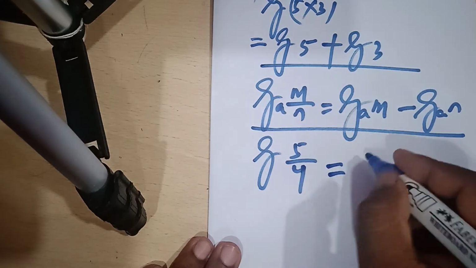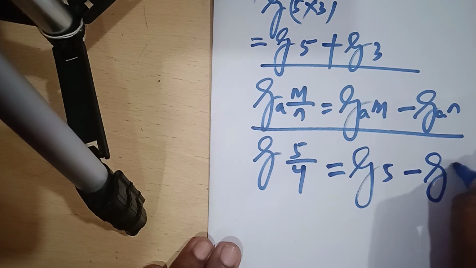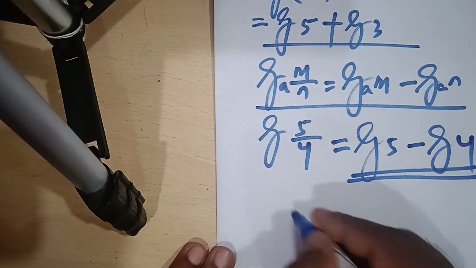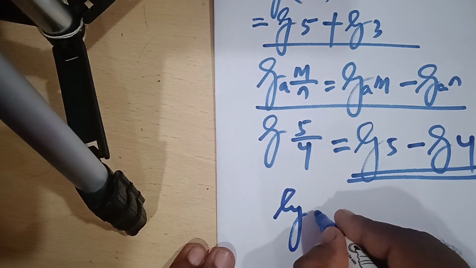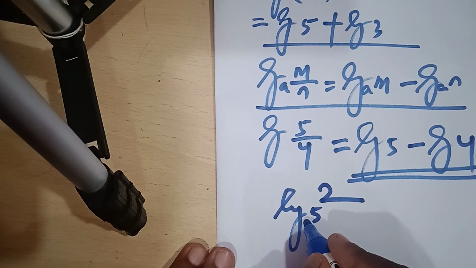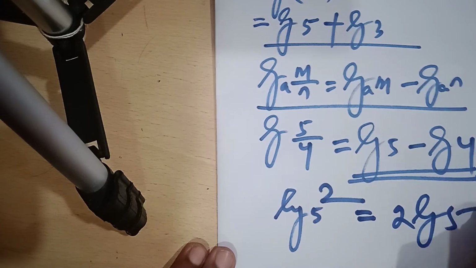As it is the division law, it is log 5 minus log 4. In the involution law, for example, log 5 to the power 2, here the base is not given, it means common logarithm. So this is 2 log 5.